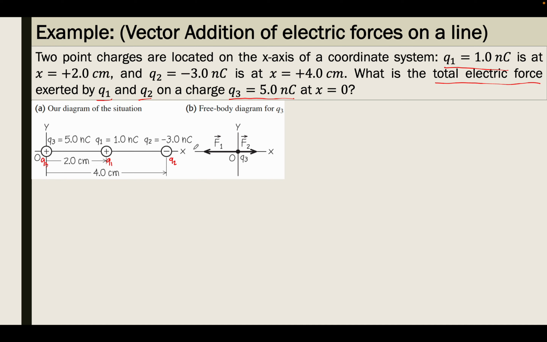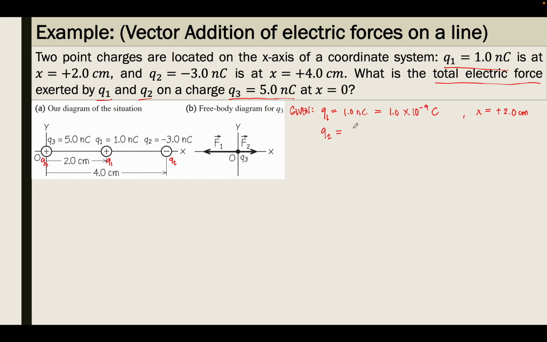Okay. So let's try solving this one. But before that, we will write all the given values provided by the problem. We have Q1 here is 1 nanocoulomb, or 1 times 10 to the power of negative 9 coulomb, along x equal to positive 2 centimeters. We will convert x later on.